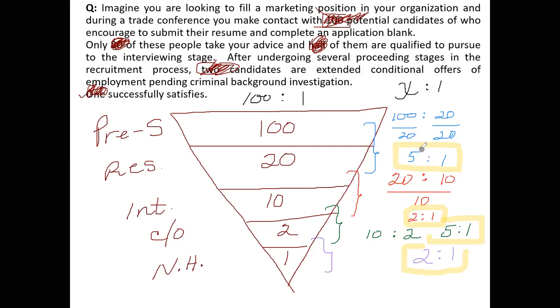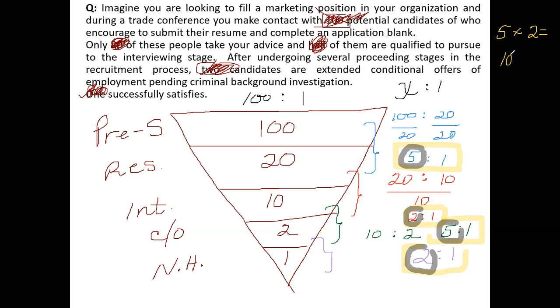So I'm just going to circle. We're going to take the 5, the 2, the 5, and the 2. Take a look at what I'm going to do over on the right margin. I take the 5 from our very first 5-to-1 ratio that we calculated. I'm going to multiply it by the 2, which is from the 2-to-1, the second ratio that we calculated.